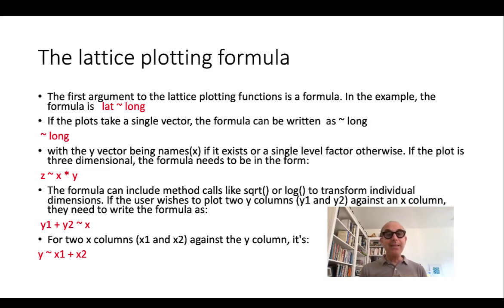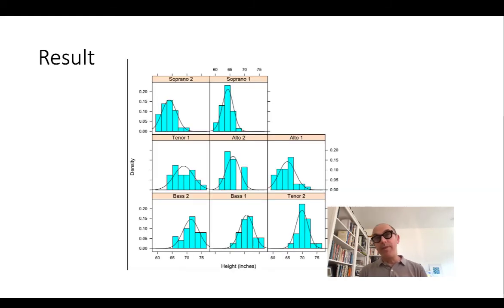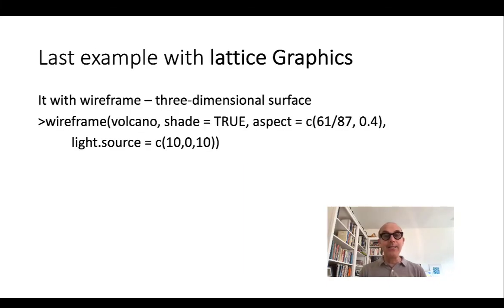If the plot takes a single vector, the formula can be written with a y vector being named as x, and it will apply x and y, z and y, in order for us to generate it. So this is the basic formula, and you can generate a histogram in that environment, which will look something like that. And again, it's really clear and very accessible.